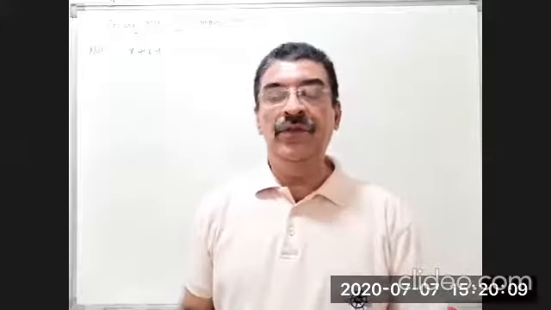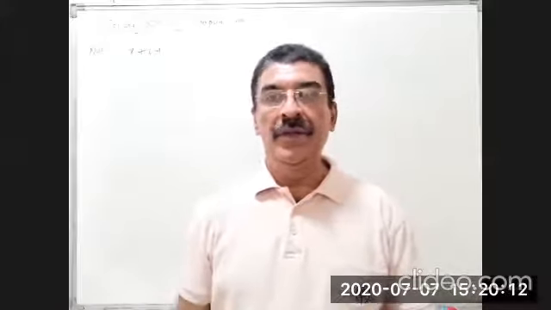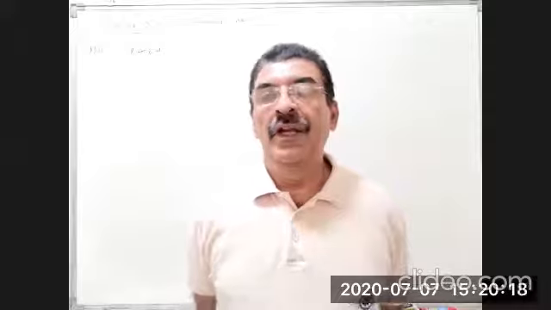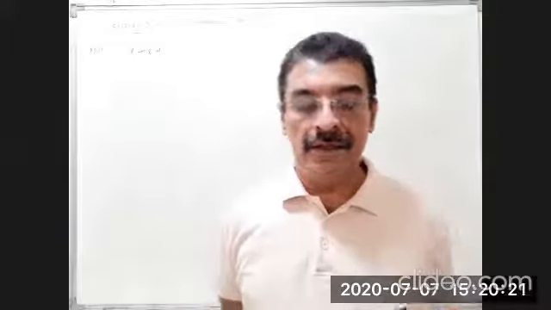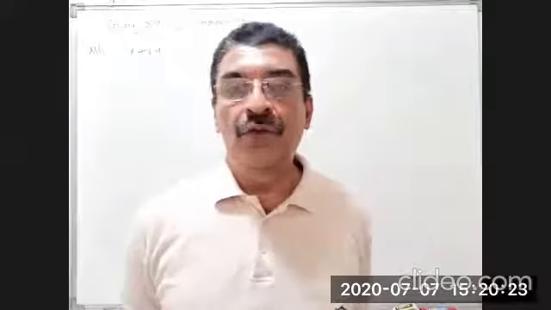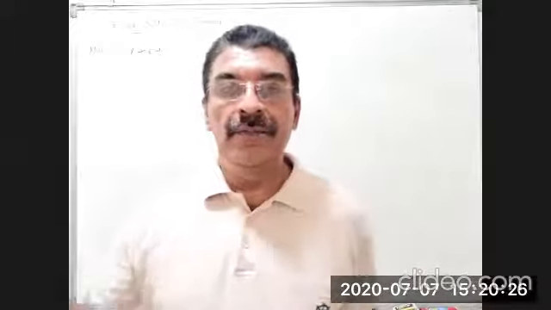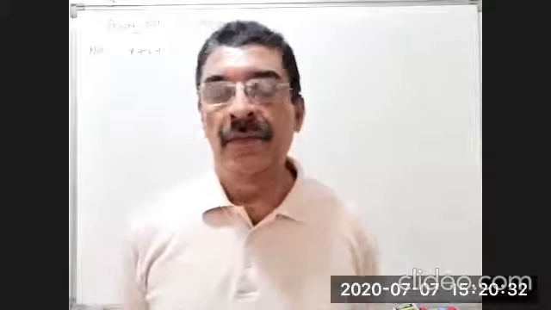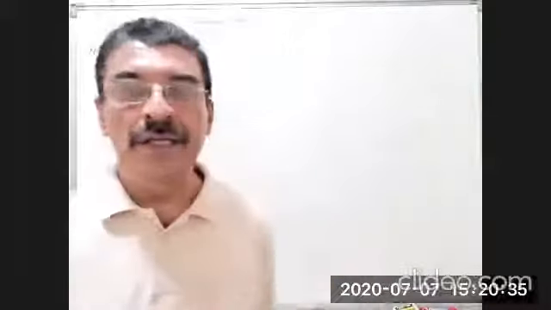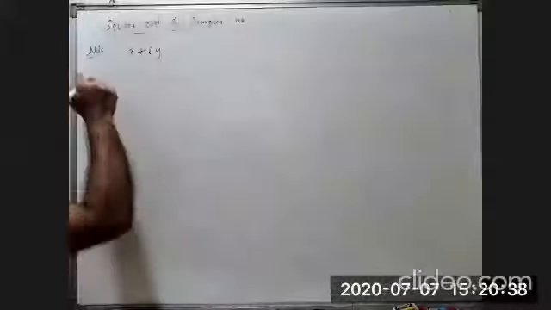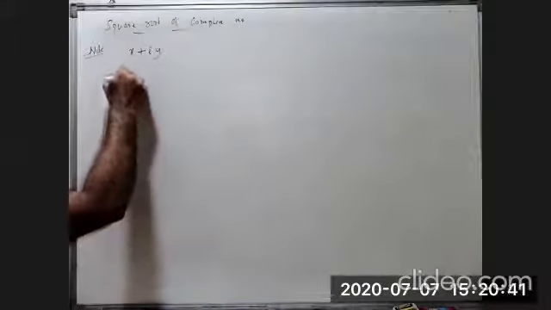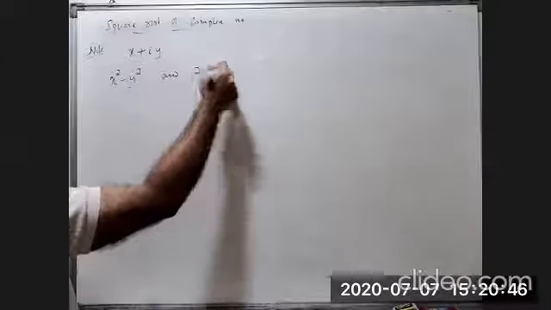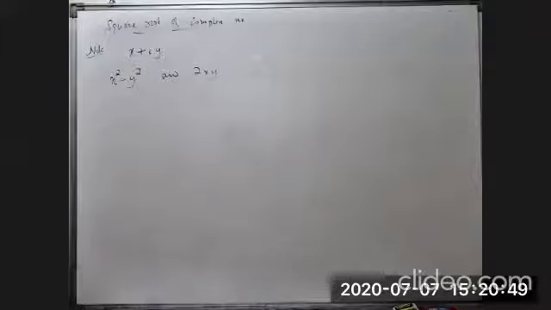Next line. Squaring and equating, we get x square minus y square and 2xy.